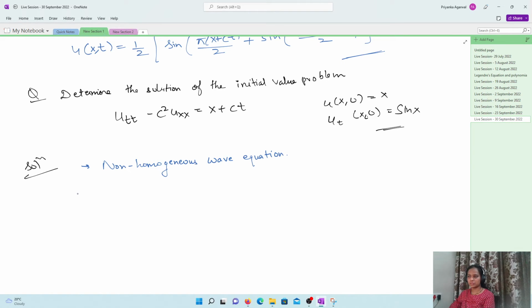So for non-homogeneous wave equations, let's say they are of the form u_tt minus c square u_xx equals to some non-homogeneous function h(x, t).